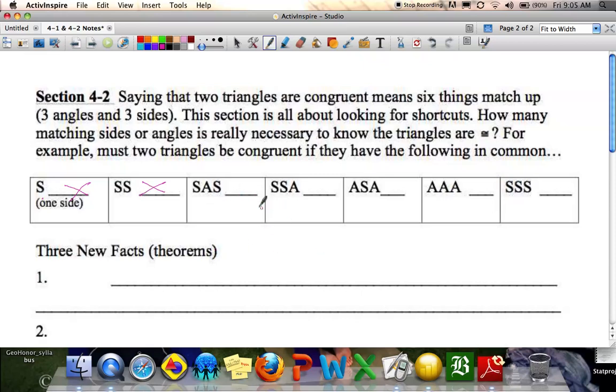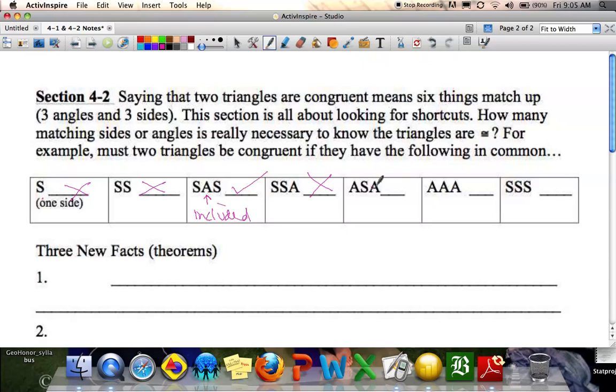However, if you have a side and the included angle, see how A is on the inside? That's included in the middle. And then a side congruent to a side, angle, side congruent in another triangle. This is a bad word when you reorder the letters, but in fact, it does not always hold true.